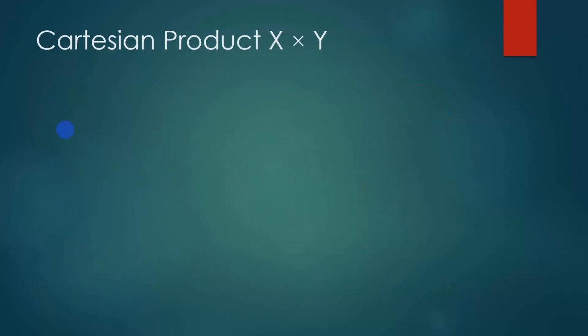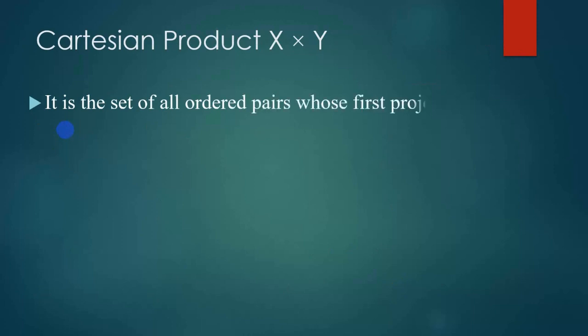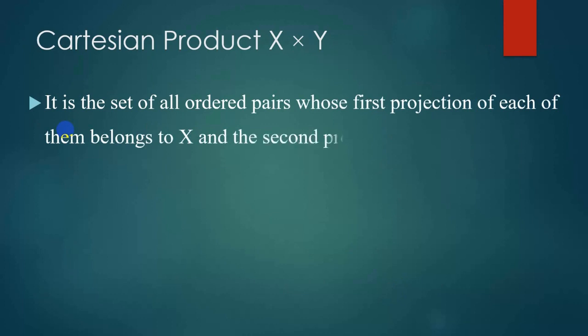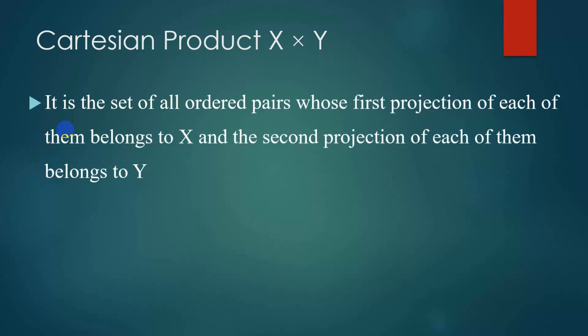Now let's know what the Cartesian product x cross y is. The Cartesian product x cross y is the set of all ordered pairs whose first projection of each of them belongs to x, and the second projection of each of them belongs to y.